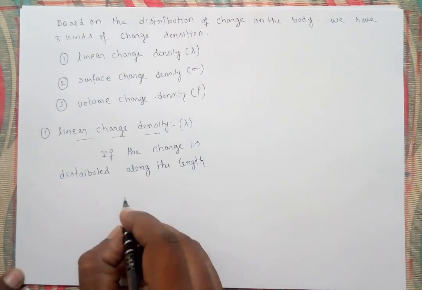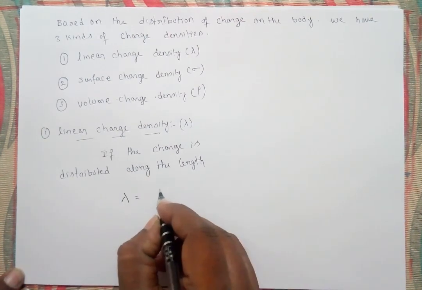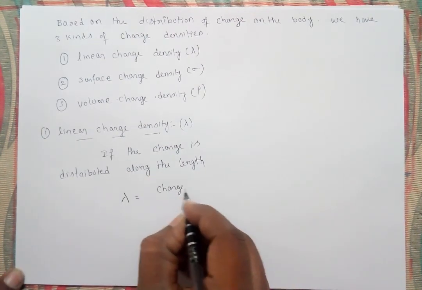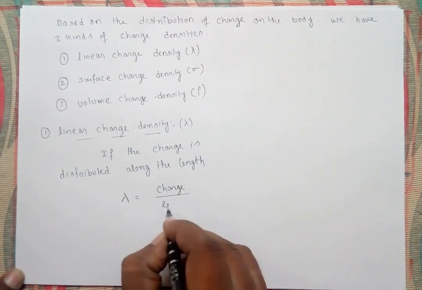Linear charge density lambda is nothing but charge per unit length.